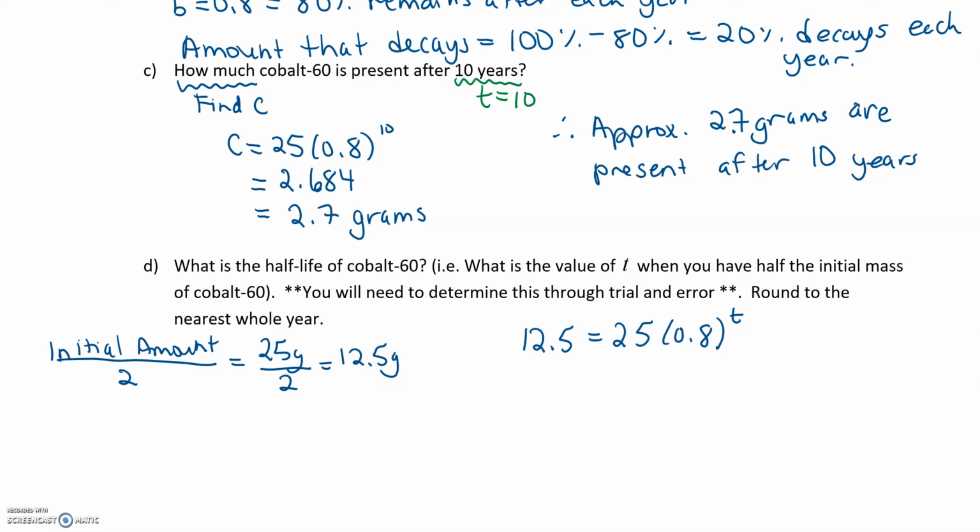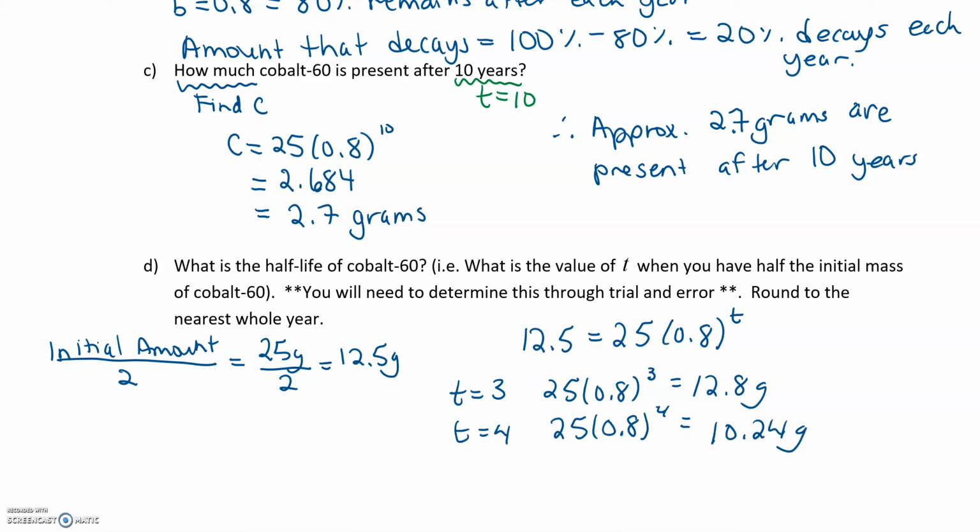So we can examine small values such as t equals 2, t equals 3, t equals 4, and examine those resultant values. For t equals 3, we get 12.8 grams, and for t equals 4, we get 10.24 grams.